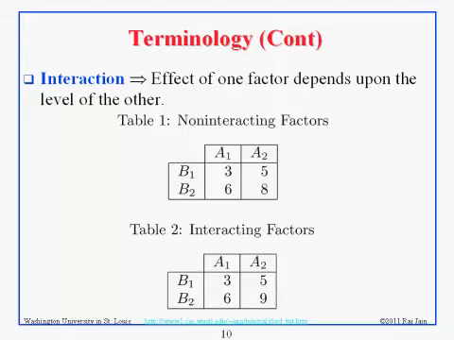Similarly, let's look at B. What is the effect of factor B? 3. Because when you go from B1 to B2, the performance changes by 3 regardless of what A is. So this is a very good system. There are 2 factors and we can say that the factor B has effect 3 and factor A has effect 2.